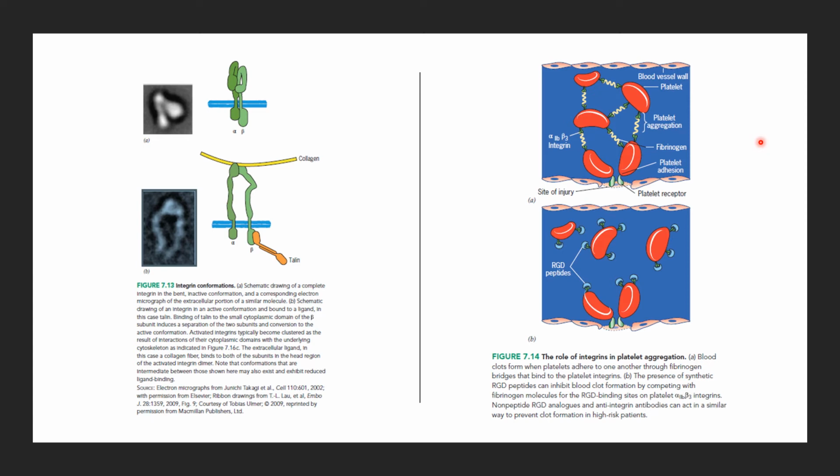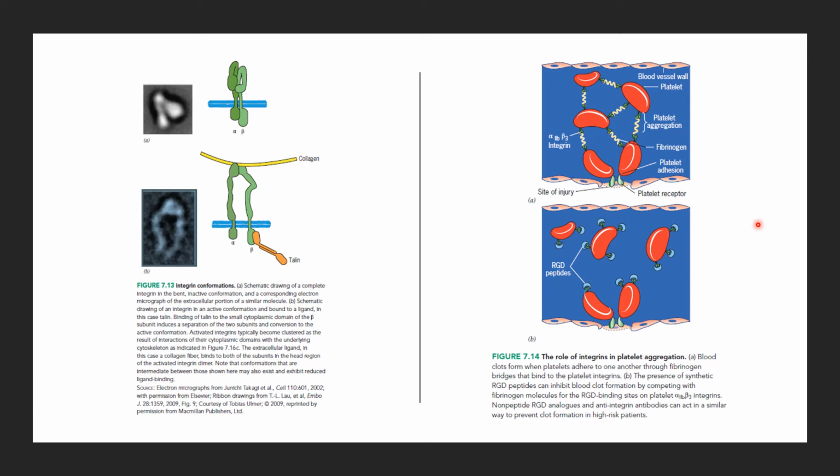So clearly, if the RGD peptides are present, it will inhibit blood clot formation. This is one of the things that we should expect when you have wounds, right? That there should be a blood clot to stop the blood from going out of the wound.